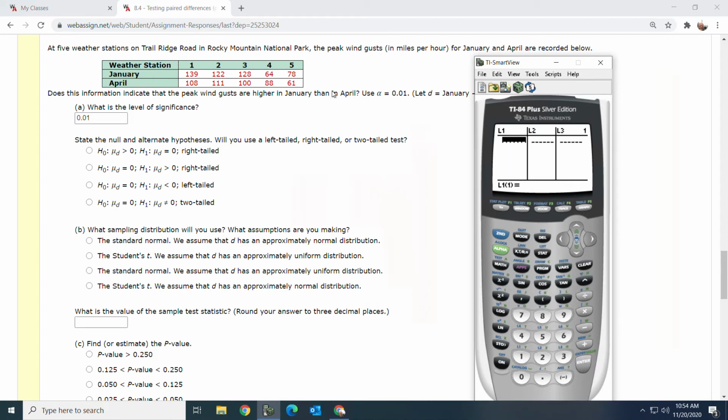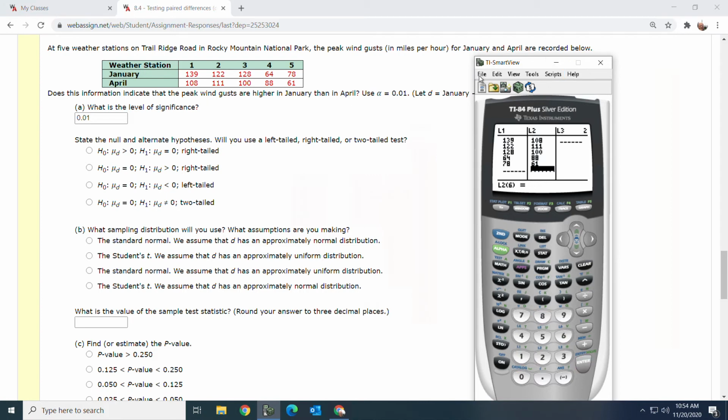Okay, January, I'm going to put in the top row, 139. Every value from January, I'm going to put in L1. Every value from April goes in L2.